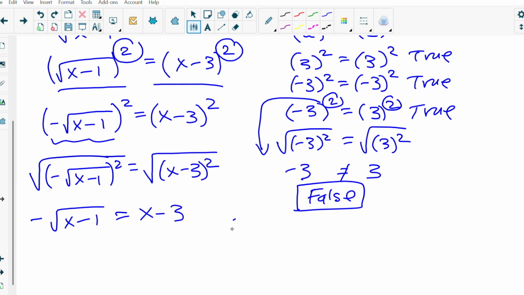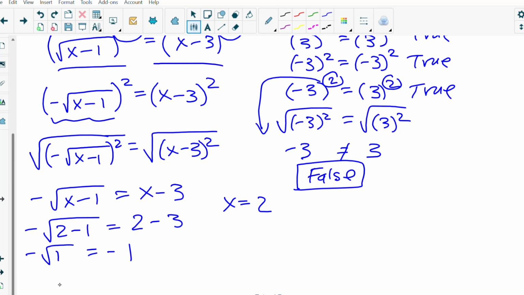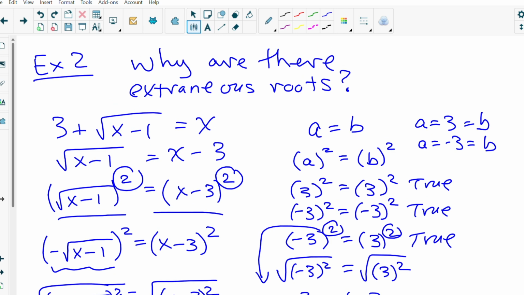We said x equals 2 originally was extraneous. Well, if I plug this in, it is now a solution. But in the problem itself, we considered only the positive version. And that's the rule when we are solving radical equations.